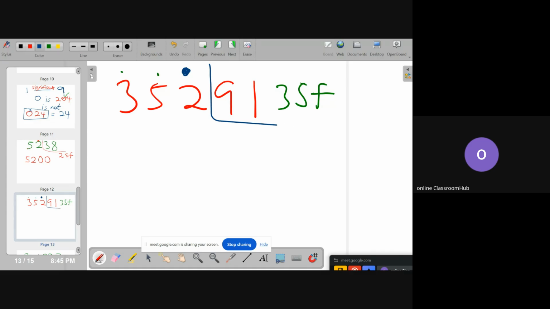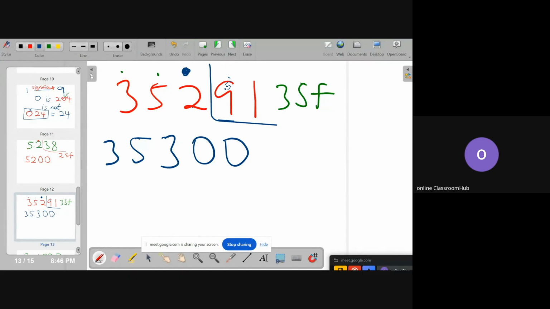But because the one just after the bar stop is 9, more than 5, you convert it to 1, then you add it to the bar stop before you render them as 0. So you're going to have 3, 5, and the bar stop becomes 3, because this 9 is more than 5. You make it 1, so it becomes 3. Then you write them as 0, 0. So this is our final answer for 3 SF.